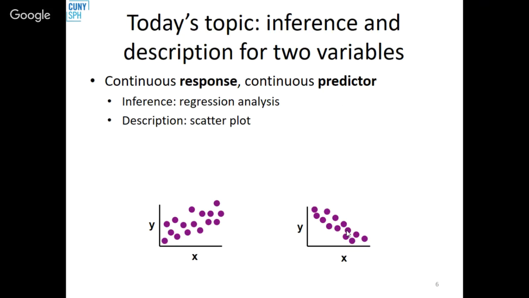So we're moving on today to this special instance of two continuous variables in bivariate regression, so just one response and one predictor where they're both continuous. For inference, we will cover regression analysis, and we'll use scatter plots for description, such as these two little examples.